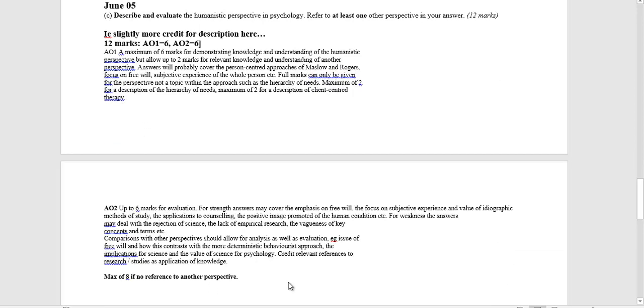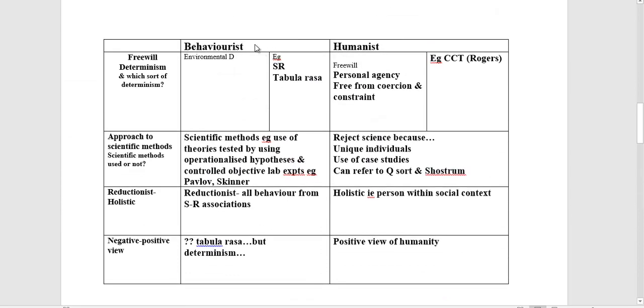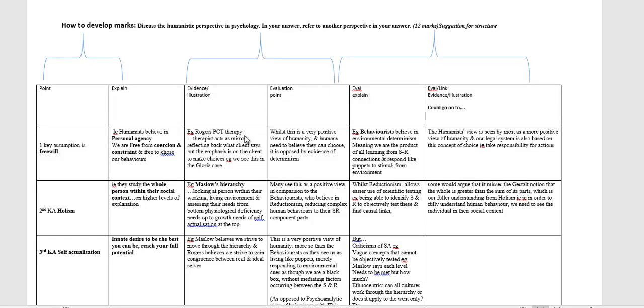Okay, so it's an old perspective mark scheme, but it's very, very similar. So let me now show you one way that you could build up these points, these comparisons. Okay, so I'm going to show you a screen of how we would do it in class with my students. My students are familiar with this layout.